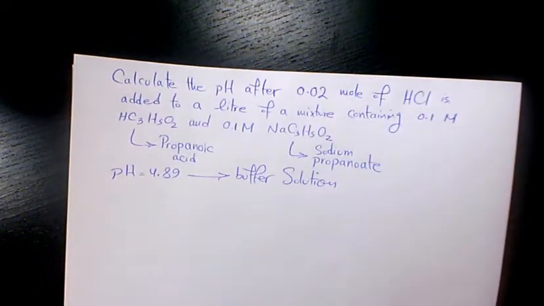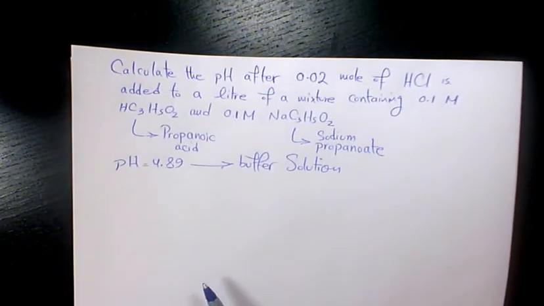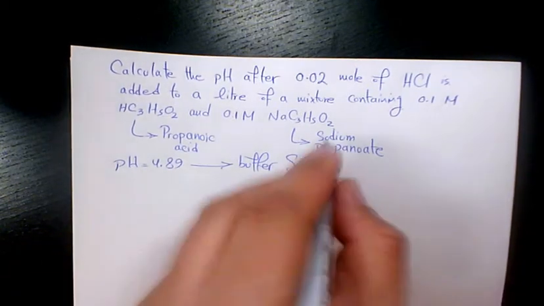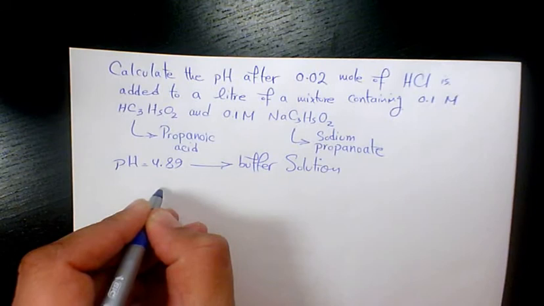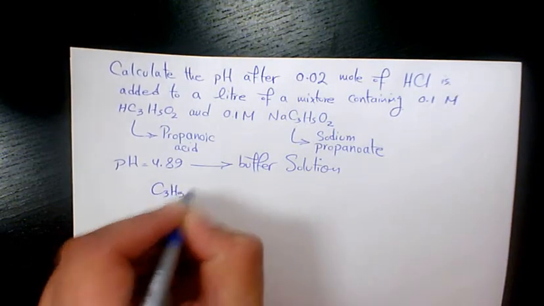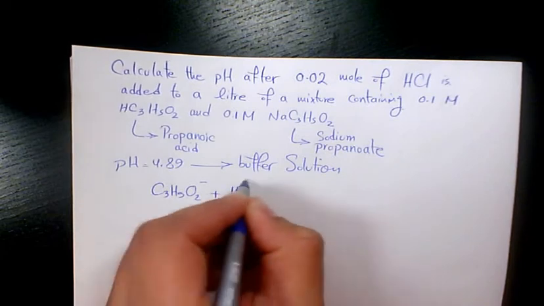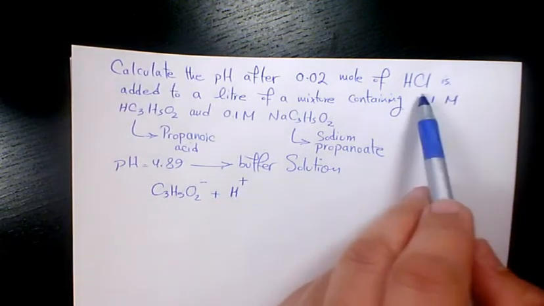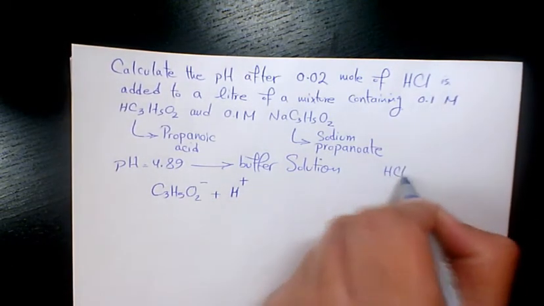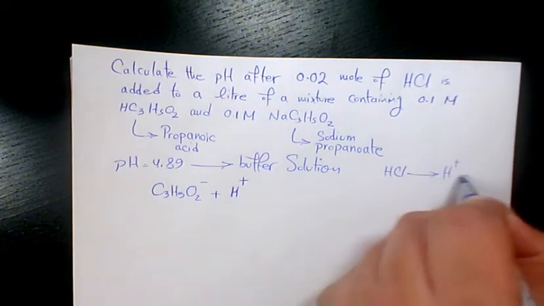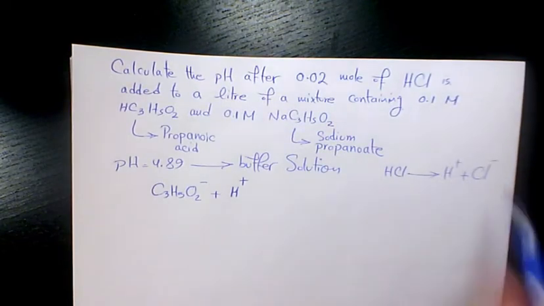Now let's see what is going to happen if we add this 0.02 mole of acid. So I can say here C3H5O2 minus plus proton. Why proton? HCl is a strong acid, so it dissociates completely in aqueous solution to H plus and Cl minus.